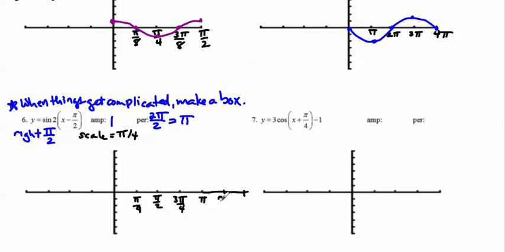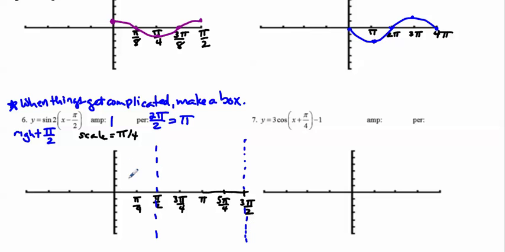So then 5 pi over 4 and 6 pi over 4 is 3 pi over 2. Okay, I need to move right pi over 2, so this is my starting place here. If this is my starting place, count over 4 spaces, 1, 2, 3, 4. This is my ending place.